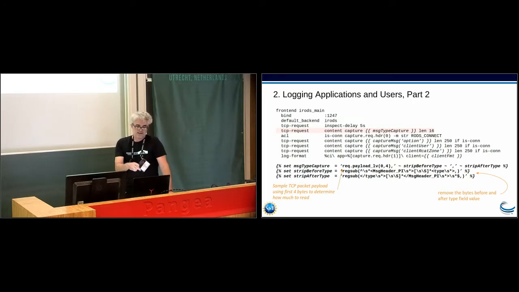Then pass that through 2 filters. The first filter removes all the information before the value of the type field, and the second one removes all the information after it. So all you're left with is the value, hopefully RODS_CONNECT.